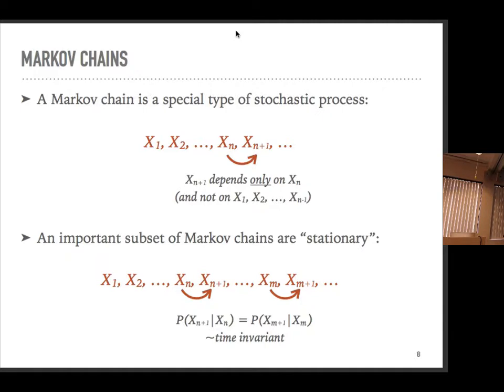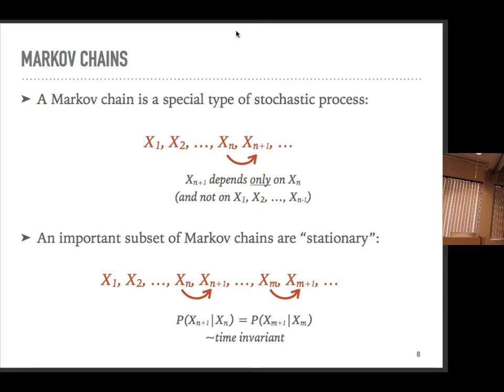Stationary is what you think of, like it's not moving. In other words, it's time invariant. A stationary Markov chain is one where the relationship between one point and the next doesn't change over time. If you look at an early pair coming out or a later pair, statistically those are related in the same way. A more precise statement is that the probability of the (n+1)th number conditioned on the nth number is the same as the probability for the (m+1)th conditioned on the mth value.